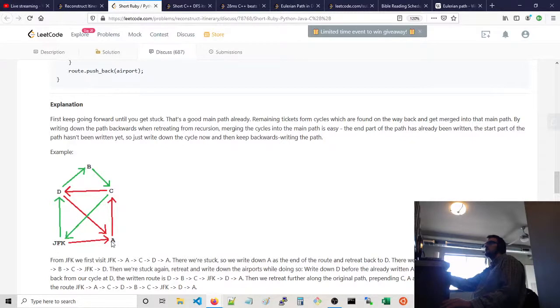So you have JFK, A, C. Now this D and this A is interesting because whatever happens after A is going to come before A. Whatever happens after C is going to come before we write C. Whatever happens before D is going to come before we write D. And actually, before you write D, you do A and B, right? A does come before D, I think.